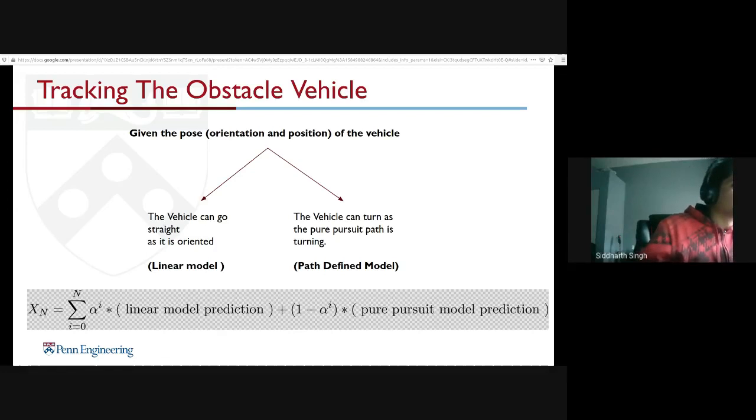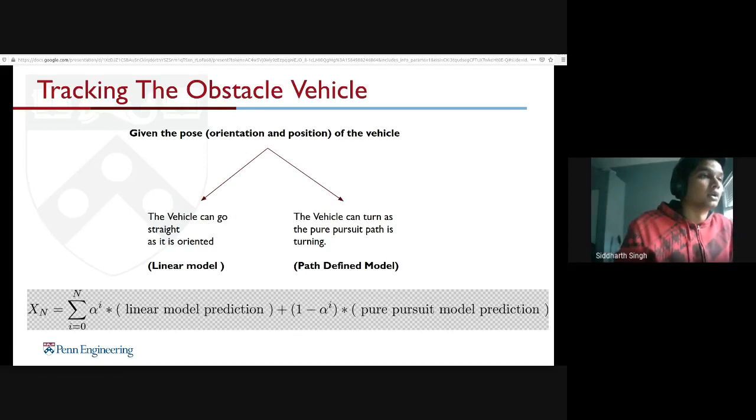So if alpha keeps decreasing as I increases, I will have more weightage to the pure pursuit model because 1 minus something which is getting smaller, and it will have less weightage on the linear model prediction, because as I is increasing, alpha raised to power I will start decreasing. So is that clear to everyone now? Questions, comments? Yeah, sorry about that. I don't know how that did not show up in the changes.